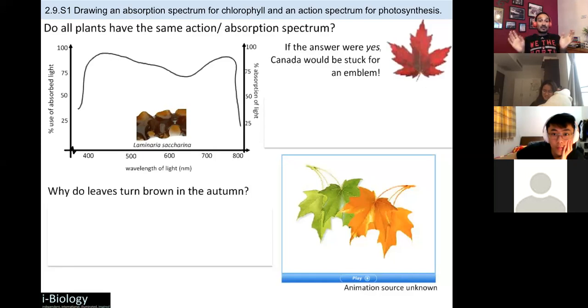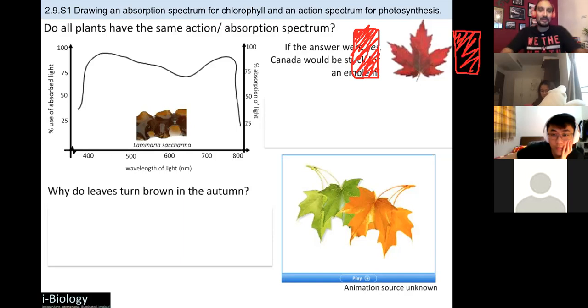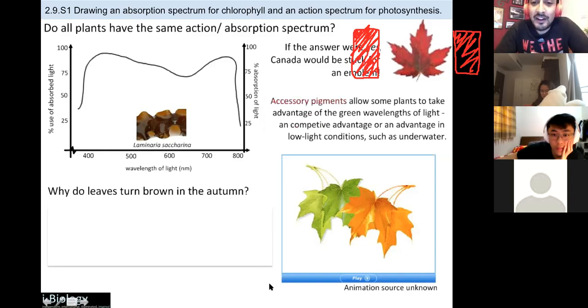So there are a lot of different types of pigments, and even with chlorophyll, there's no plant where it's just chlorophyll. Usually it's a mixture of a lot of different pigments, so that you can maximize your ability to absorb. There are accessory pigments, so you can take advantage of the green wavelength too.